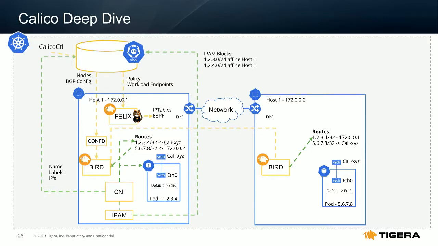And the Calico IPAM is actually pretty intelligent in that if we were to, for some reason, exhaust all the IPs in the /26, the IPAM can go ahead and grab another block. But if for some reason there were no more /26 blocks to be handed out, it can actually grab an IP from other instances and assign it to any pods locally.